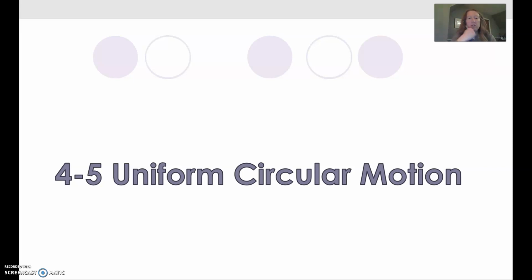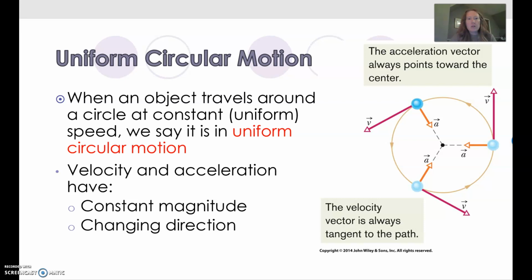Today we're talking about uniform circular motion and just section 4-5 for now. So the object in question here is going to move in a circle at a constant speed. That's the definition of uniform circular motion. That's the uniform part, is that it's not changing speed.